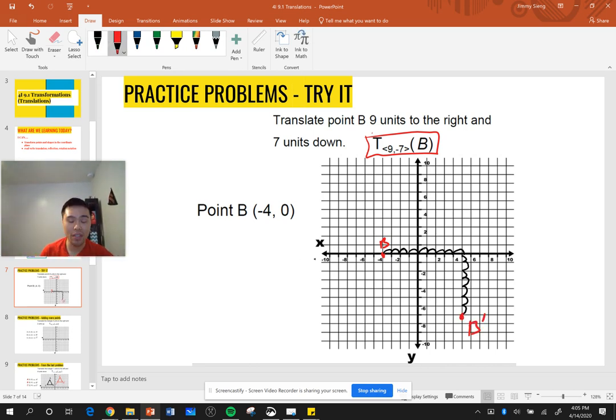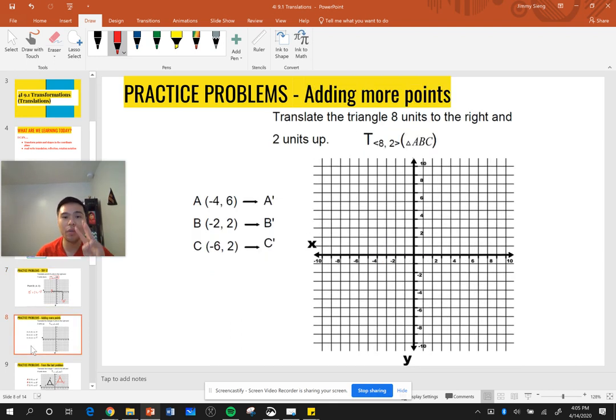B prime means the image. So B prime is going to be at point, in this case, (5, -7), right? If you see some other things here, you're thinking right, I can see that you can add and subtract to the point B, but this is how you're supposed to do it, okay?